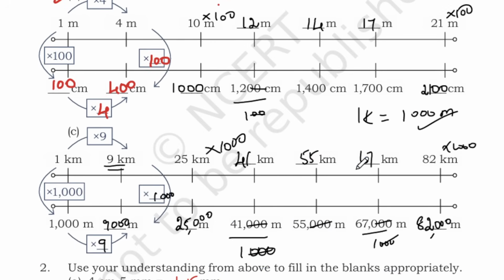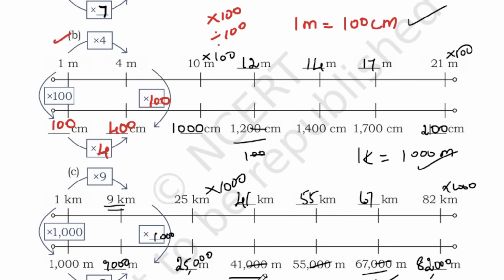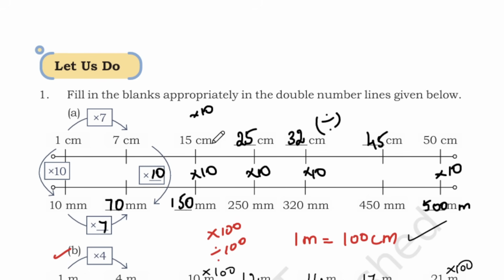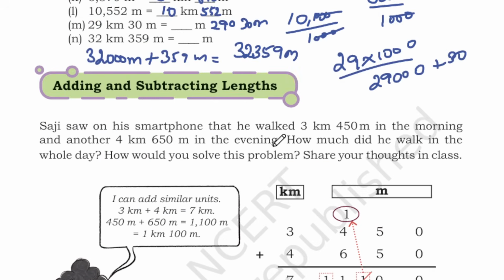You can use the same rule which we discussed here. 1 kilometer is equal to 1000 meter. Likewise, 1 meter equals 100 centimeter, and 10 millimeter equals 1 centimeter. Always keep this in mind.